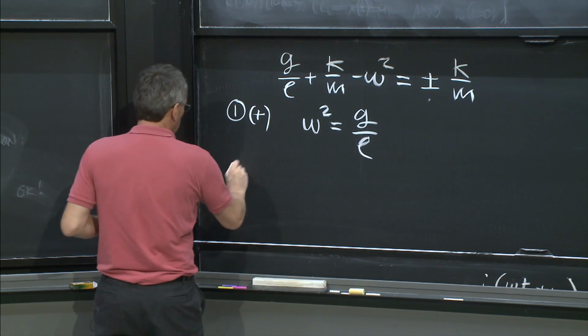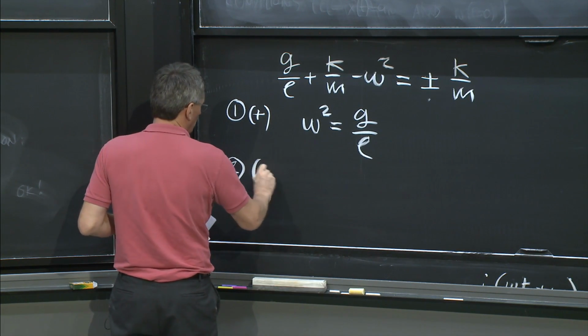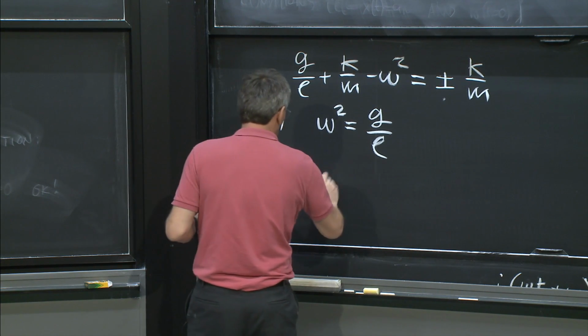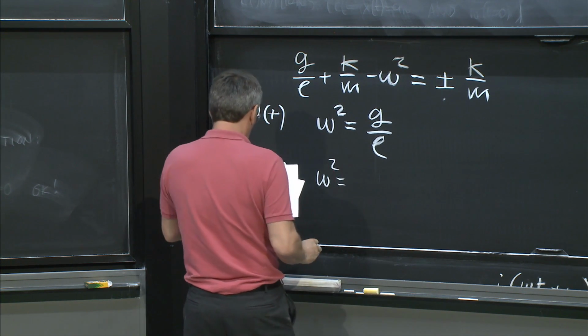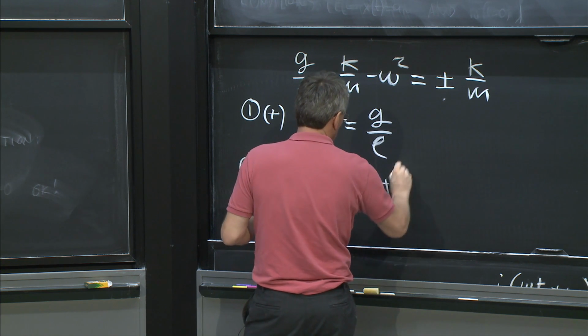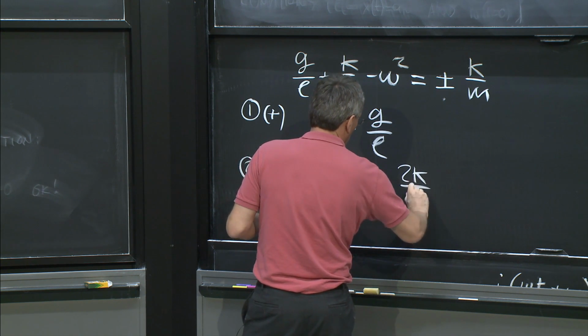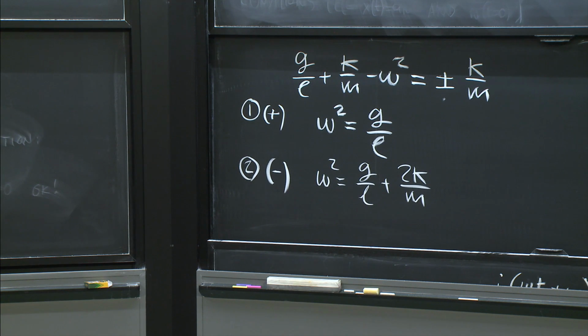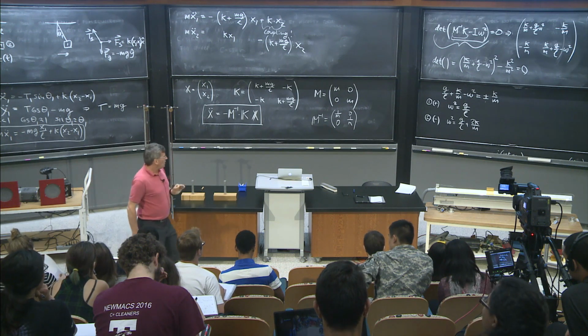And there's a second solution which corresponds to minus, where omega squared is equal to G over L plus 2K over M. Right? And that's it, because there are two possible solutions, and this is what we have.